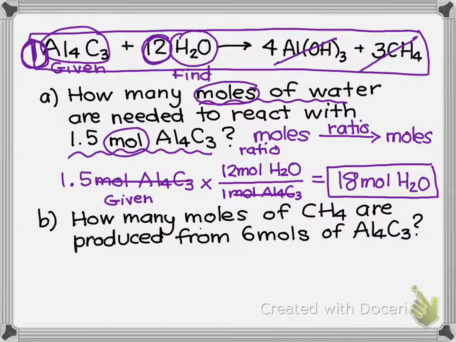So now if you want to, you can pause letter B and see if you can do it. I'm going to go ahead and work it, but you can pause now if you want to try to work it before you see what we're doing. So letter B says how many moles? So again, I identify moles of CH4 as methane. And so coming up here, I should have never drawn lines through this.